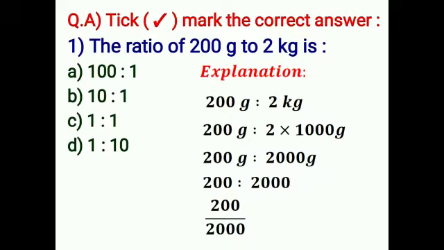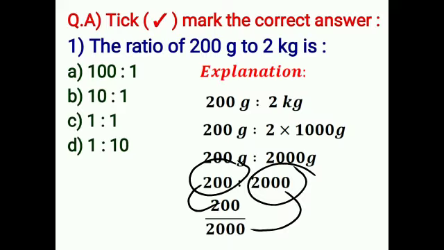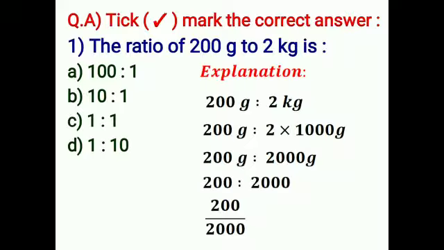We can write it in fraction form. First term you write in the numerator, second term in the denominator. Now you can see here 2 zeros are cancelled. So 2 by 10, that means 2 ones are 2, 2 tens are 20. So your answer is 1 by 10. This is a fraction form, so we have to write it in ratio form.